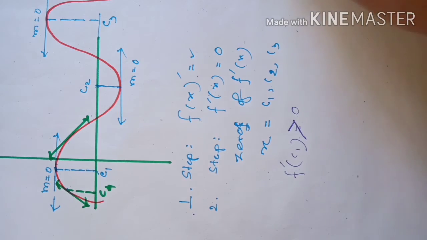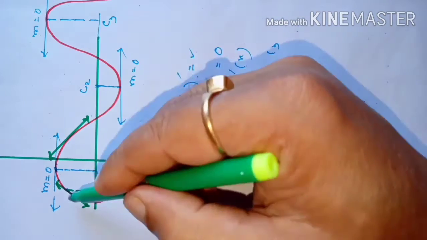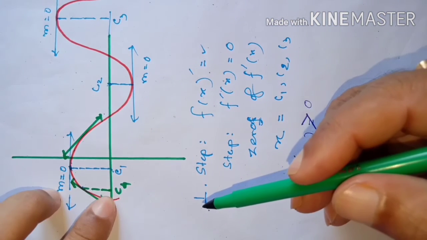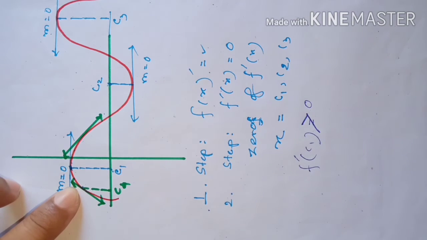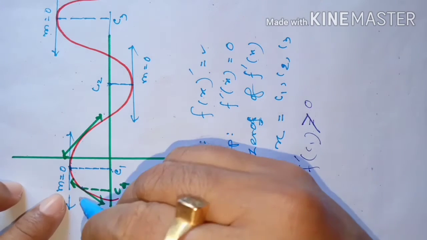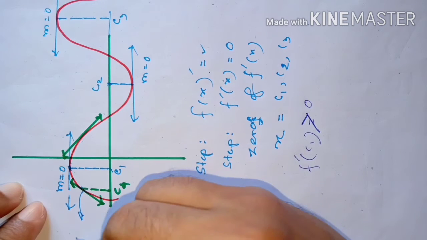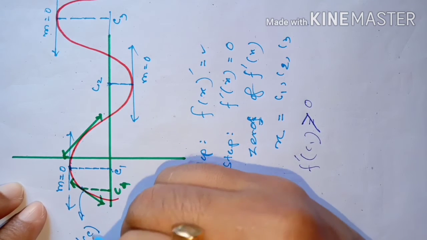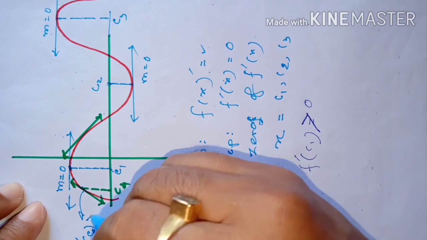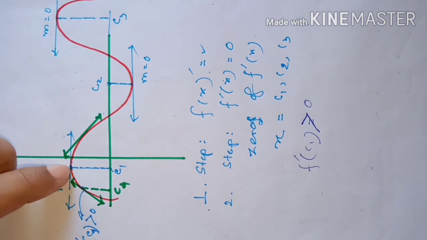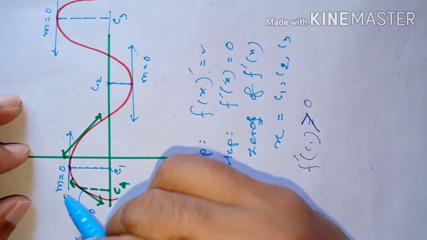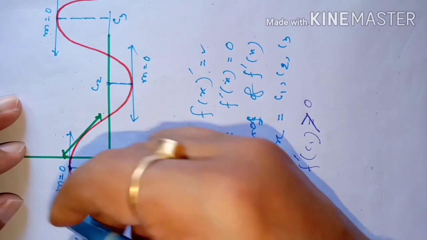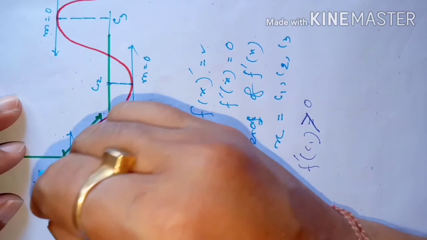Just for one example, at this C4, what will be the value of f dash C4? Just tell me. It will obviously be greater than 0, because at this point f dash C1 is 0. M is equal to 0 at this point, meaning f dash C1 is equal to 0.